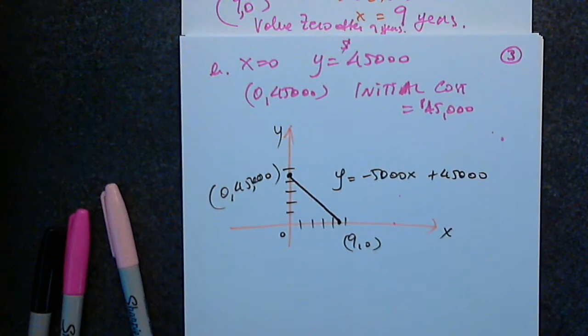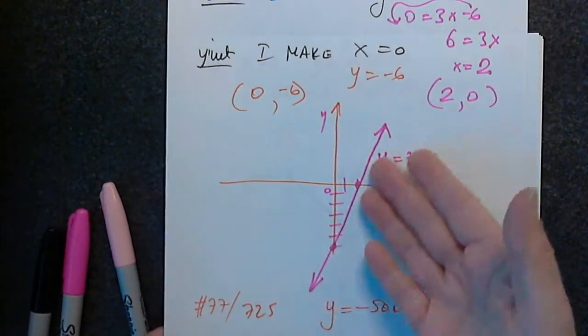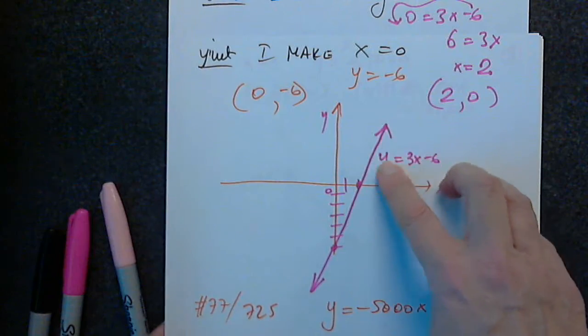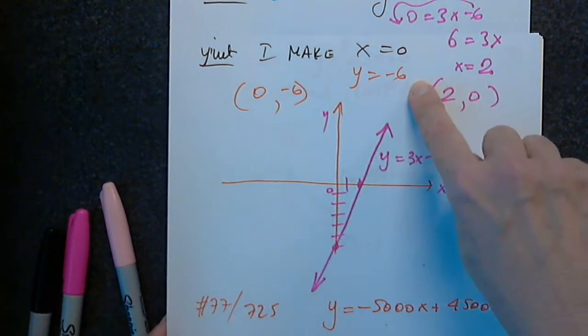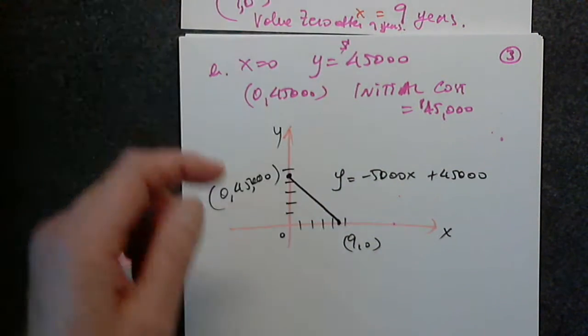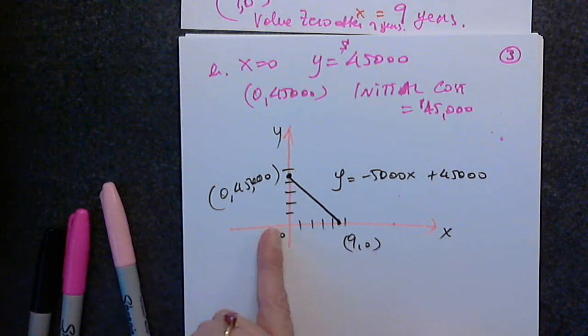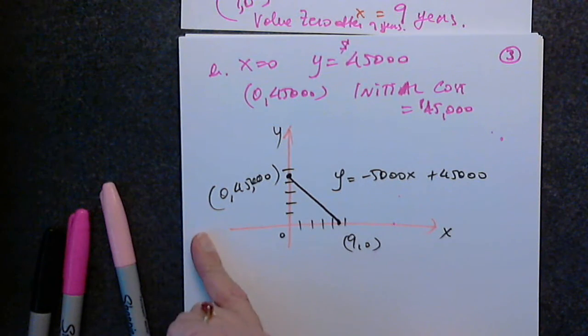And now you can say, wait a minute, go back to the previous problem. You extended the equation to infinity and to negative infinity. Why don't you do it here? For several reasons. First of all, x is number of years, so we cannot go back in time. X cannot be negative.